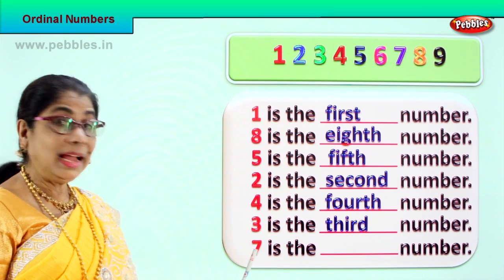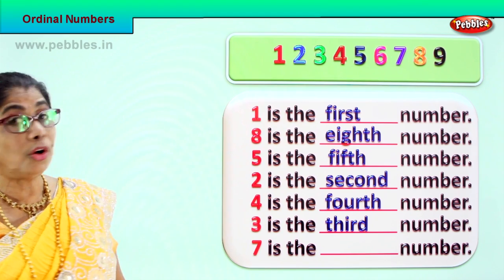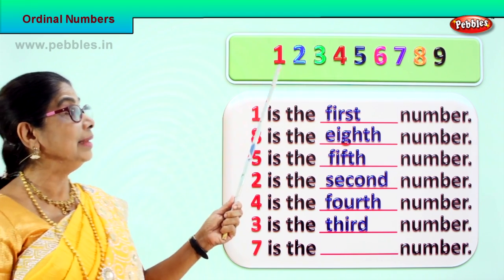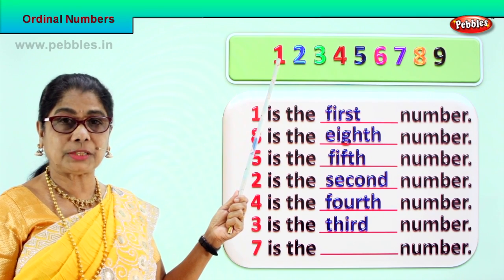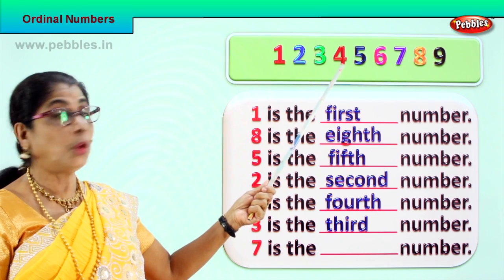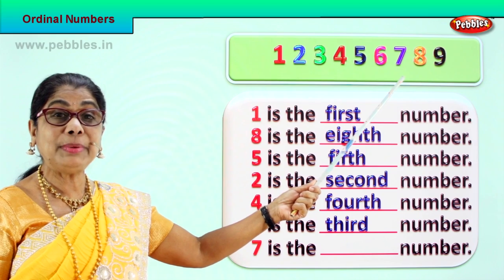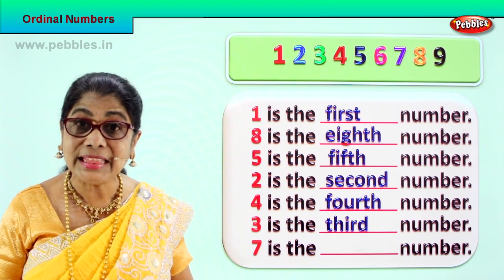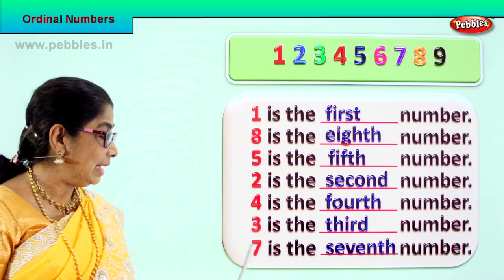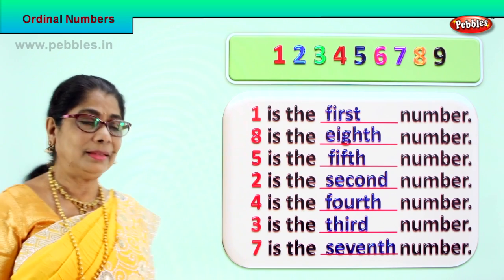Finally, we have a number here, 7. Let's find the position according to your ordinal numbers. Say with me. First, second, third, fourth, fifth, sixth. Number 7 is in the 7th position. So we say 7 is the 7th number.